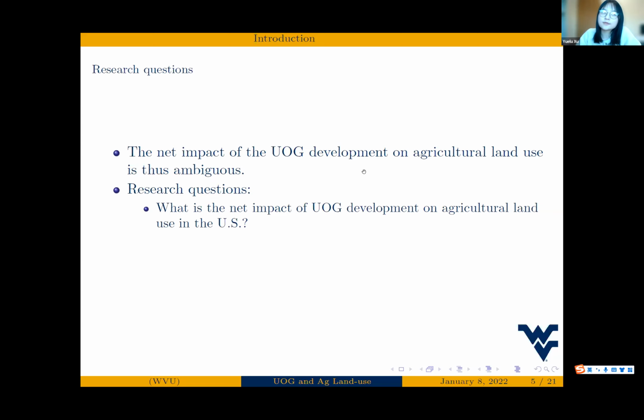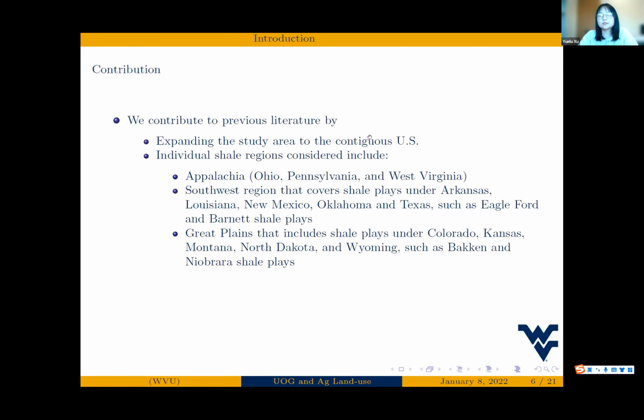So the goal of this study is to explore the net impact of UOG development on agricultural land use in the US. This study contributes to previous literature in the following aspects. First, we expand the study area to the contiguous US and compare the results from several major shale play regions.